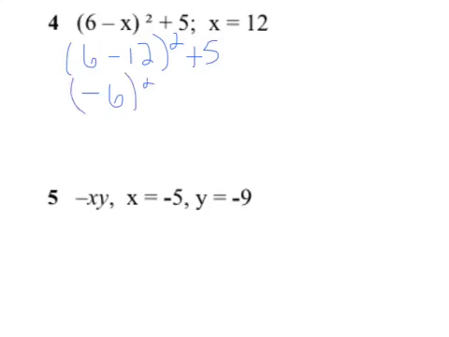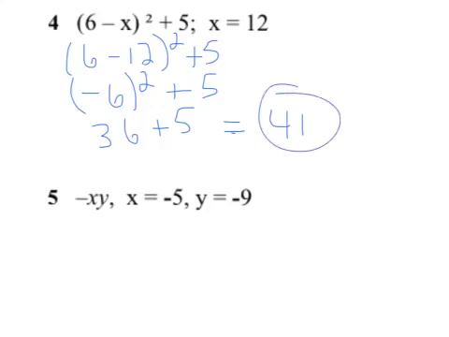And then we still have the exponent of 2 outside. So let's fix that. Negative 6 squared plus 5. Negative 6 squared will give me 36 because it's negative 6 times negative 6. And we will add 5, and that gives us 41.